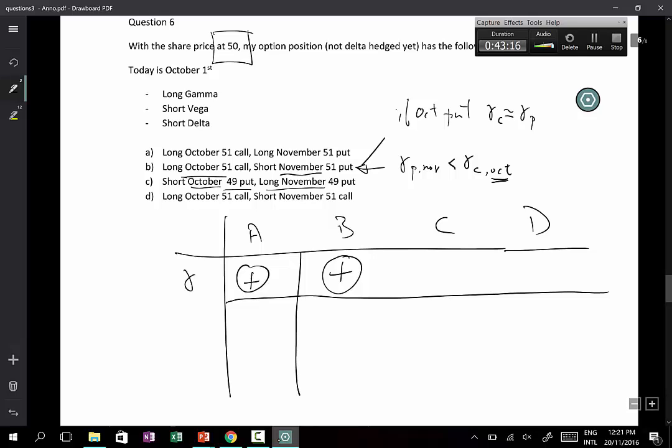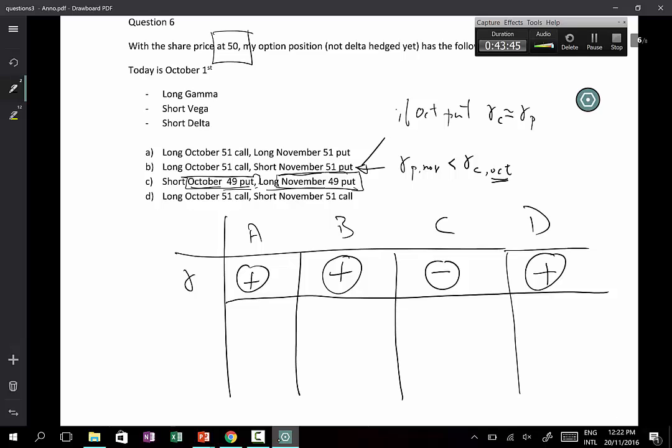So this one would have a higher gamma than this one, and I am short, so I will be short gamma here. And for the last one, I will be long gamma because I'm long a shorter option with a higher gamma. Okay, so already I can throw out C as the answer.